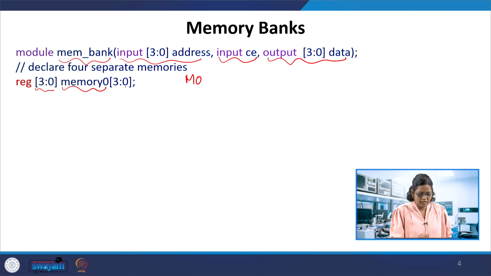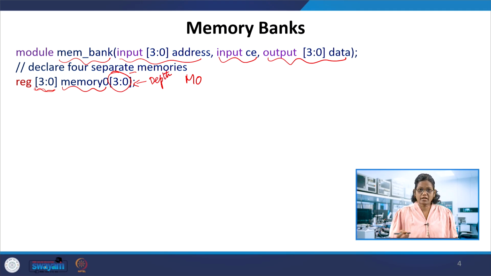And here there is one more thing, another square bracket 0 to 3. We have added this; this is something new, which says that this memory 0 is 4 bits wide, but it has 4 values. It informs the depth of this memory.